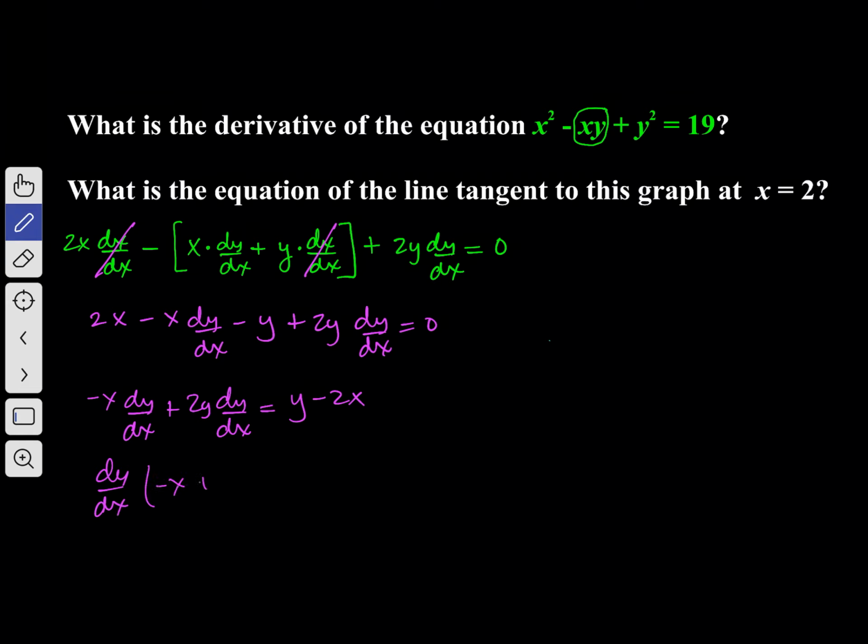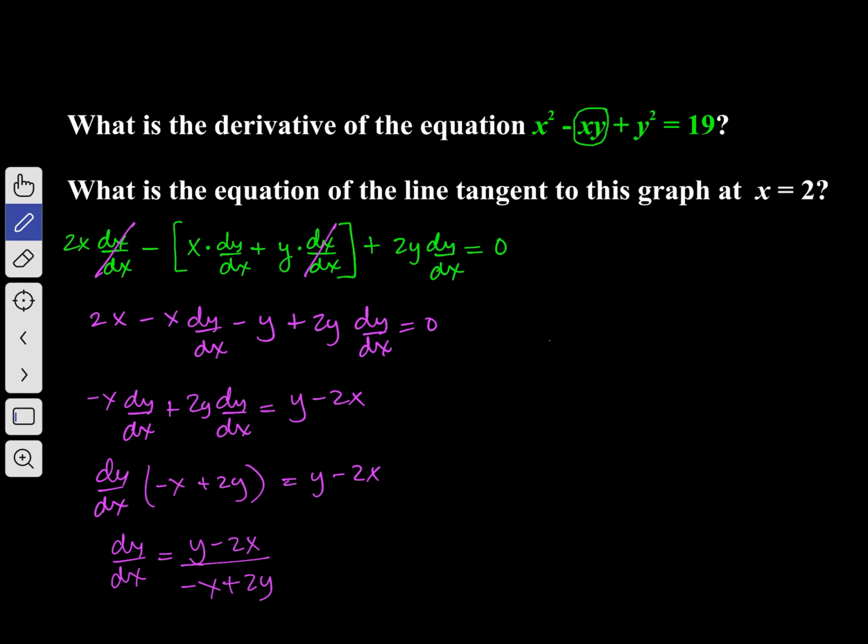And let's see, that would give you negative x plus 2y. And we're about to get it isolated because I can divide both sides by that factor. And we have y minus 2x over negative x plus 2y. That's the derivative.